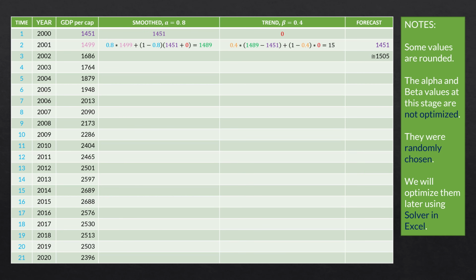So 0.8 is the alpha we chose at the top. So 0.8 there in the blue times y sub t, that's our actual value in our data. That is 1499. So 0.8 times 1499. That's the first half of it. Plus 1 minus alpha, so that's 1 minus 0.8, multiplied by our prior period smooth value, which is 1451, plus our prior period smooth trend, which in this case was 0.